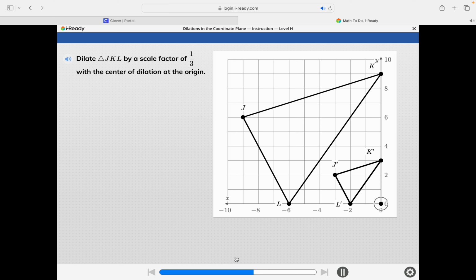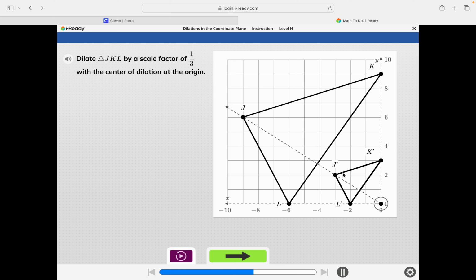Correct? The rays from the center of dilation, 0, 0, see here, pass through the vertices of the dilated image. So now did you see? The flashlight is going from here. So there's a big image. We dilated that big image into a very small 1/3 part. How many? 1/3 part.